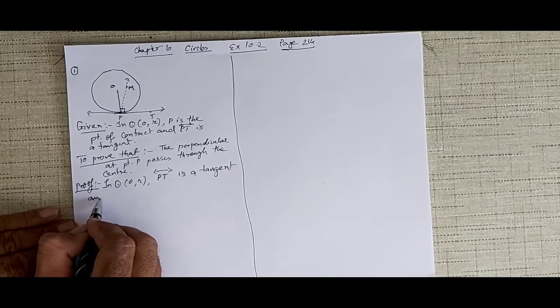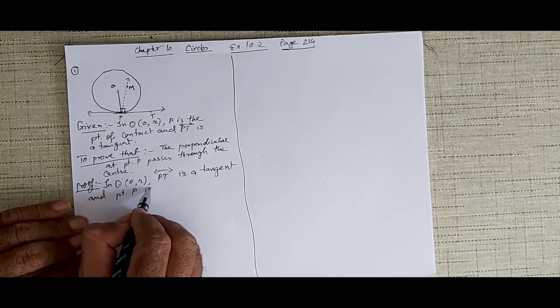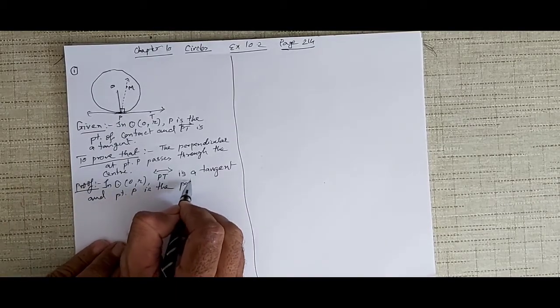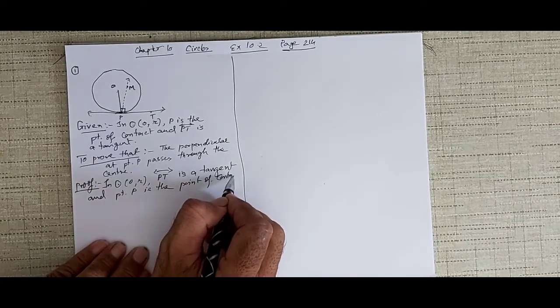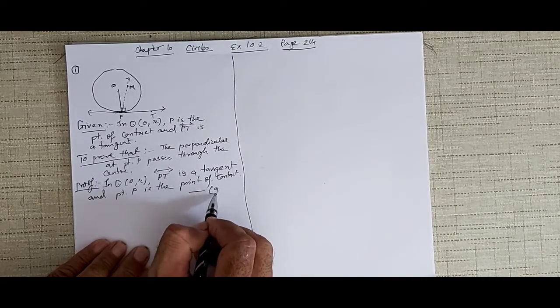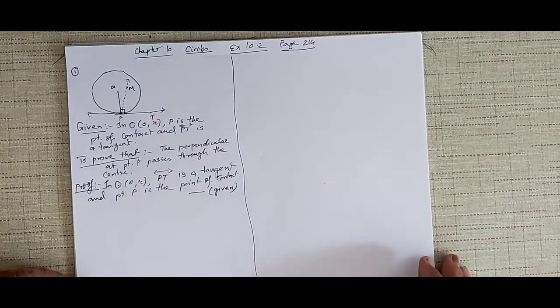Point of contact means this is the point where the circle and the tangent touch each other. This is given to us.